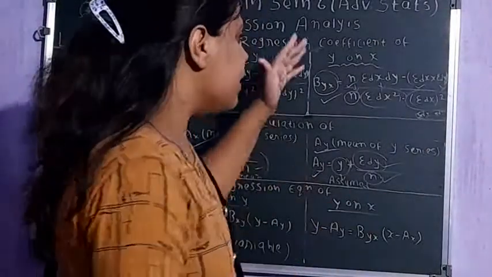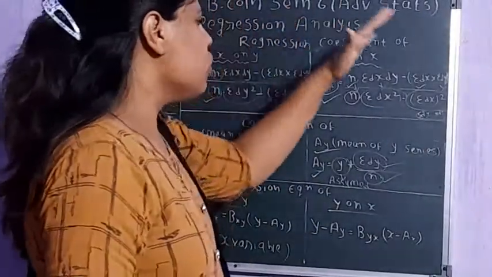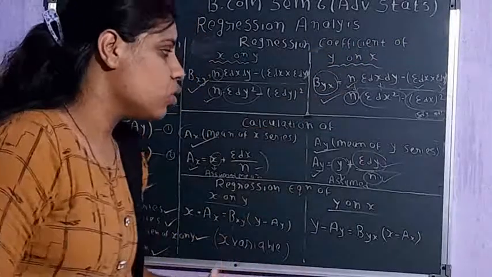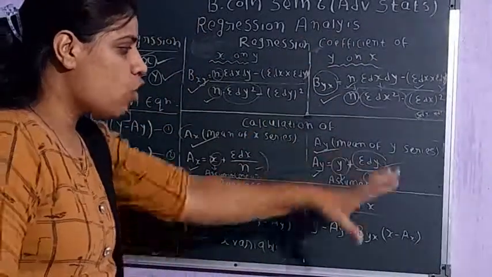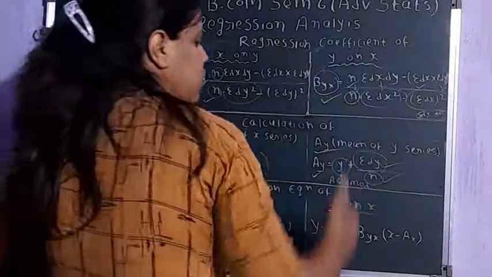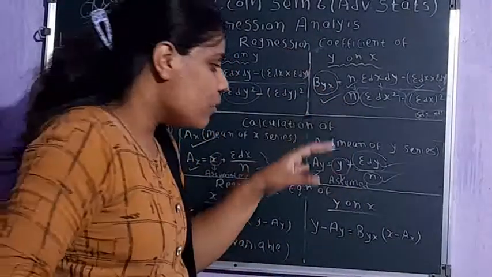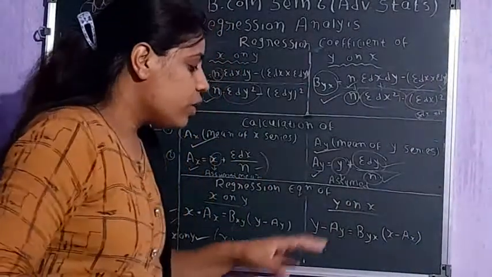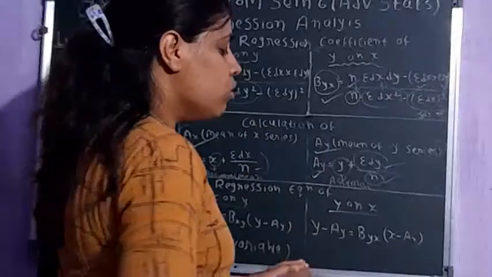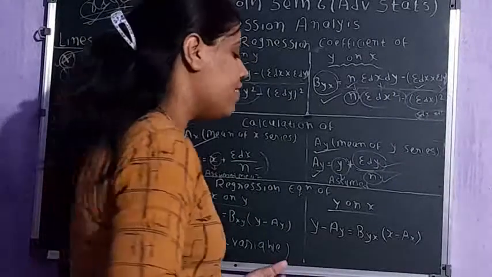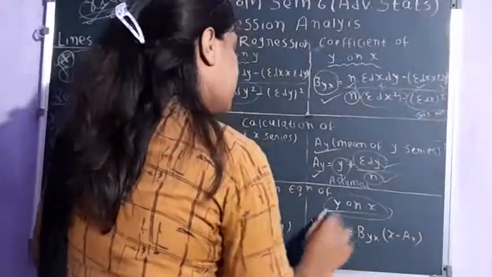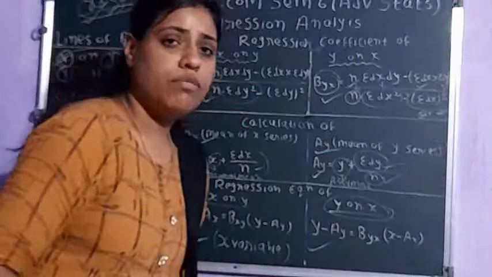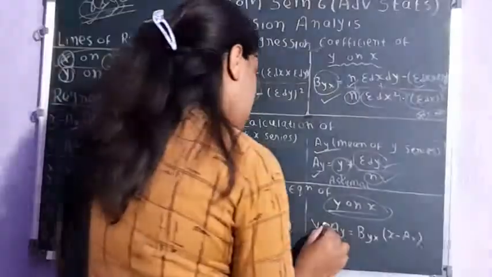Now, we have determined the regression coefficient of y on x, and we have determined the mean of the y series. When you put these two values in the regression equation of line y on x, you get the regression equation by which you can find the value of y.